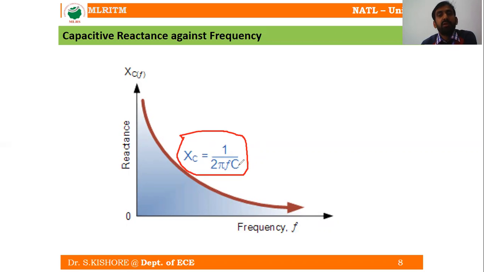When the frequency gets higher, obviously the reactance Xc is going to decrease. You can see, right? So if you plot the inductive reactance and the capacitive reactance combined in a single plot, you can see the variation.